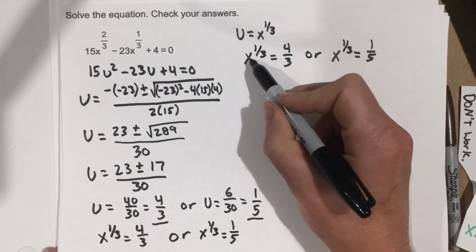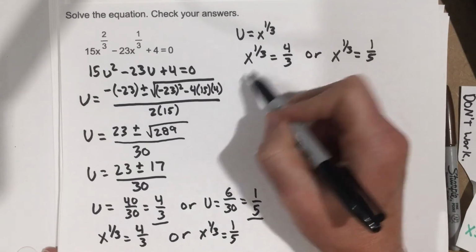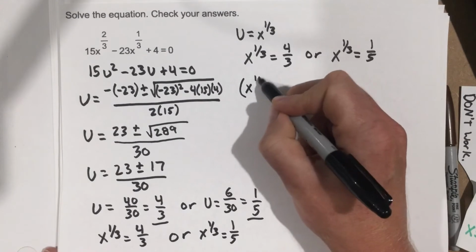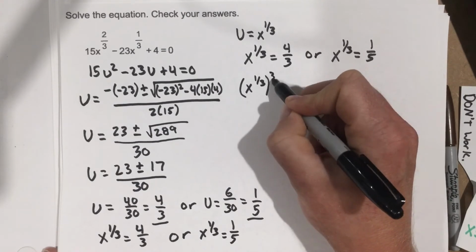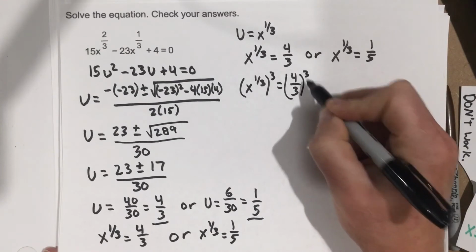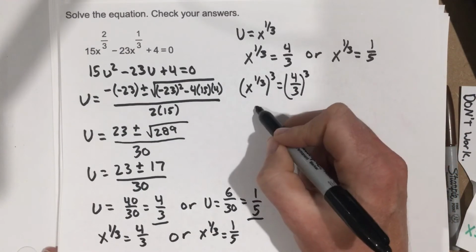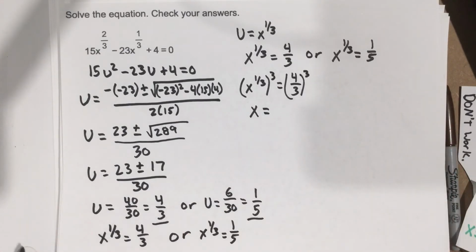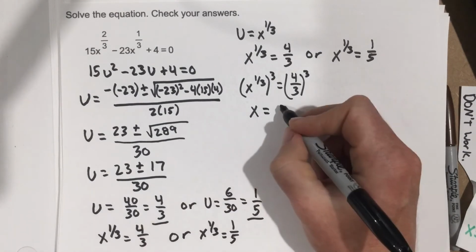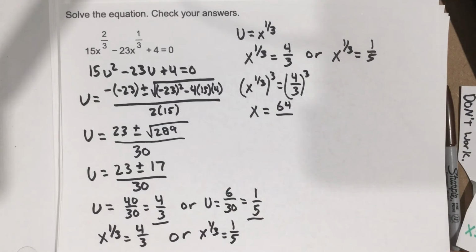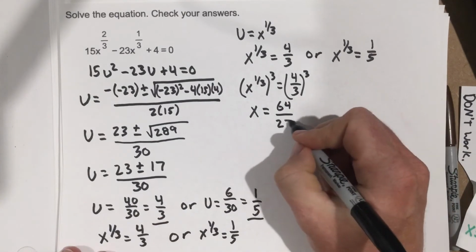I'm going to take this to the 3rd power and this to the 3rd power as well. So I get x to the 1/3 to the 3rd power equals 4/3 to the 3rd power. This is going to give you x equals 4 to the 3rd power is 64 over 3 to the 3rd power, 27.